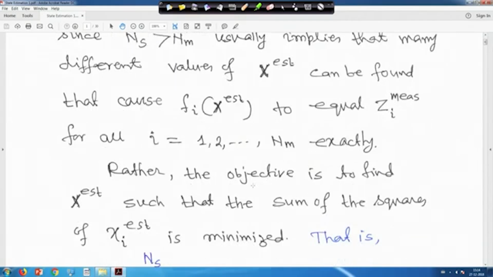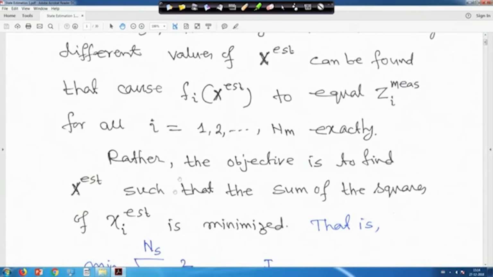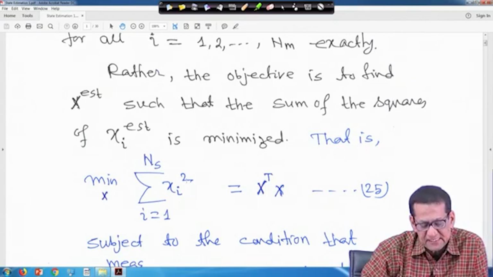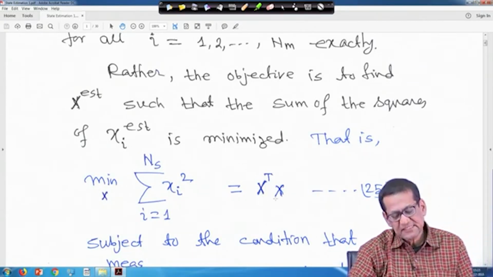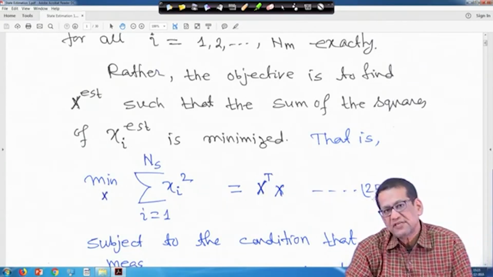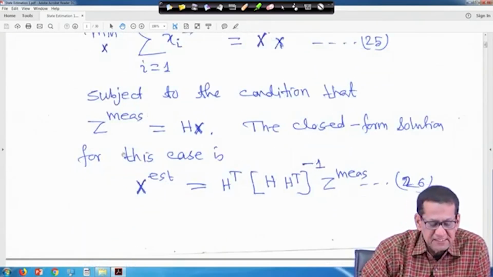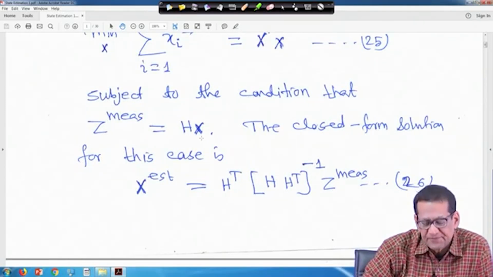Rather, the objective is to find x estimated such that the sum of the squares of x i estimated is minimized. That is, you minimize the sum from i equal to 1 to n of x i square, and that can be written as x transpose x. So, this is equation 25, subject to the condition that z measure should be equal to h into x. This we have seen earlier, right.